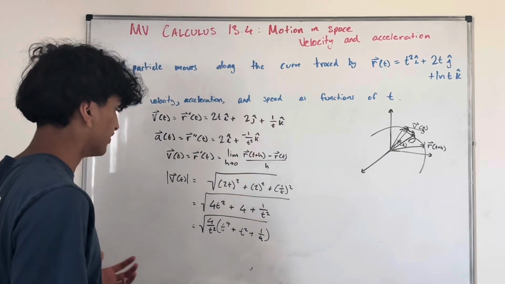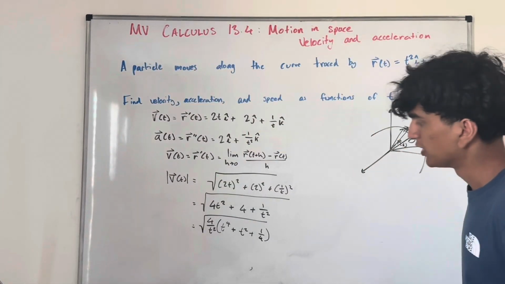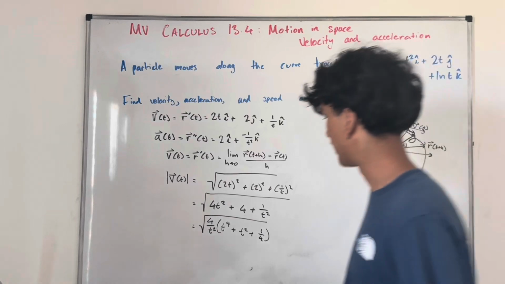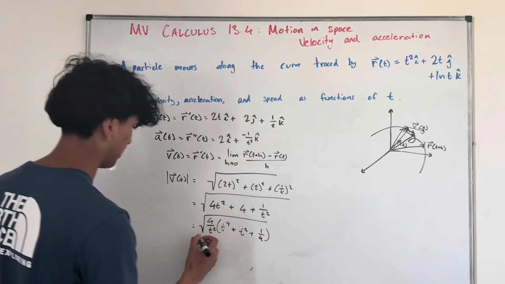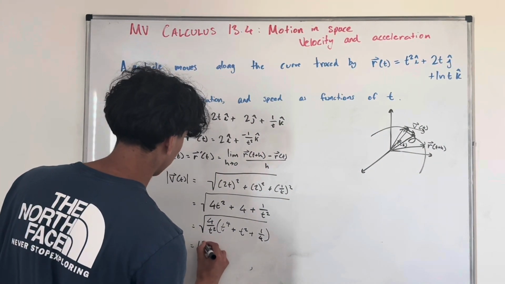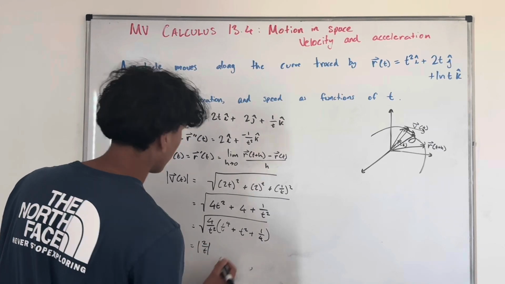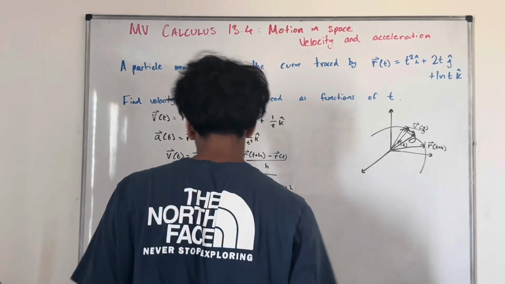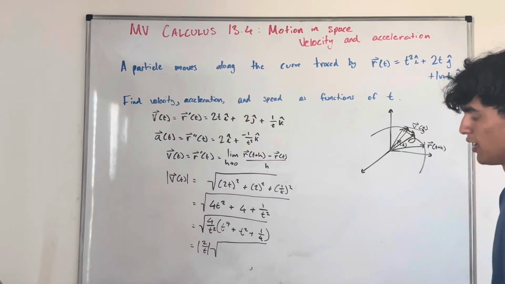Now, the reason I did this is because this can be expressed as a binomial, right? First of all, you can take this out of the square root. I get the absolute value of 2 over t here. And then for the square root part, this is actually a binomial.